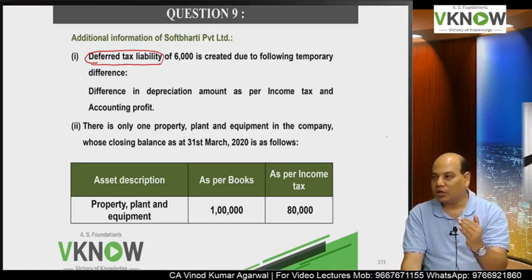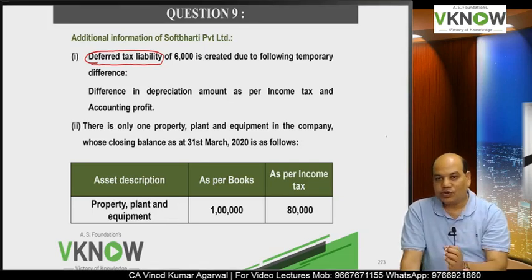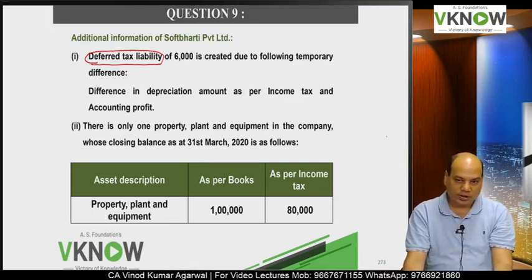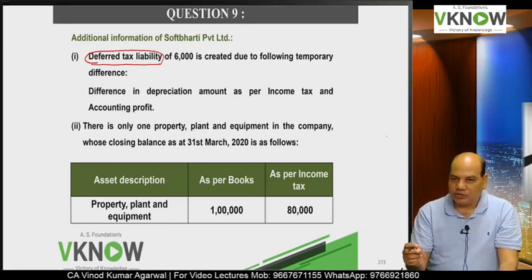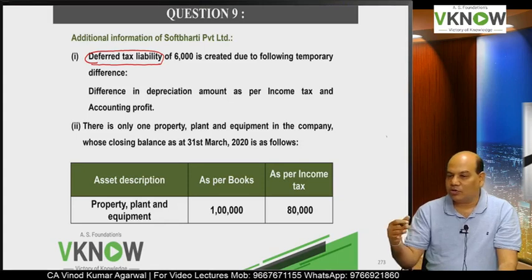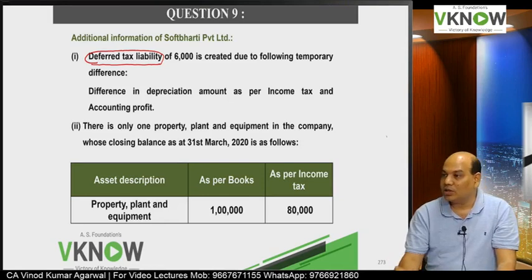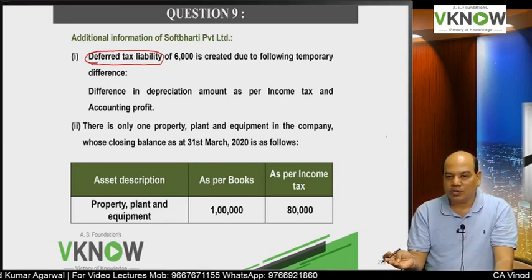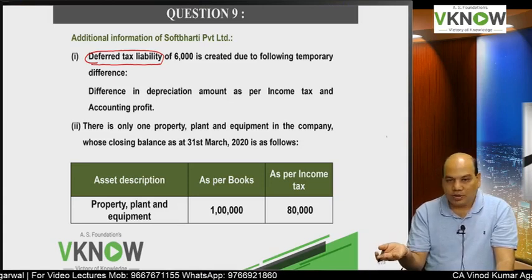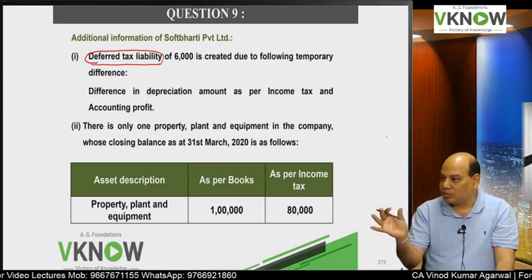And if you pay more tax now and save tax in future, that situation will give rise to deferred tax asset. Differences between accounting presentation and tax presentation arise because of differences in the treatment under the rules of accounting and under the tax rules. Like in books of account, depreciation can be straight line or WDV. You can choose the rate according to useful life, but for income tax purpose, in most cases the method is WDV.